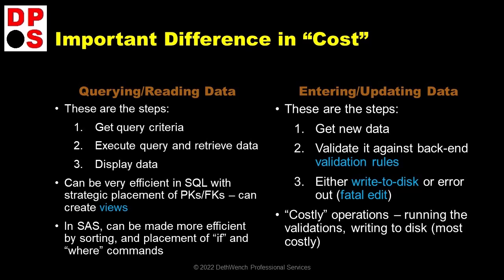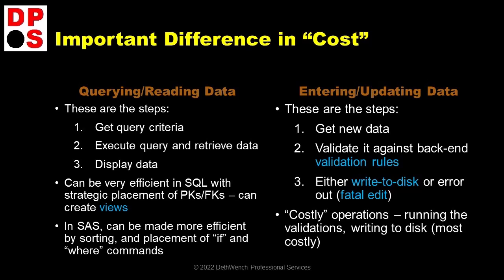In other words, the data you entered in the front end are now evaluated to see if they are compliant with the data structure of the back end and are allowed to actually be saved in the back end. Now, let's go on to step 3. If the data are found to be compliant with validation rules, then the data are updated in the back end. They are literally written to a physical disk, which actually takes some time when you think about it.